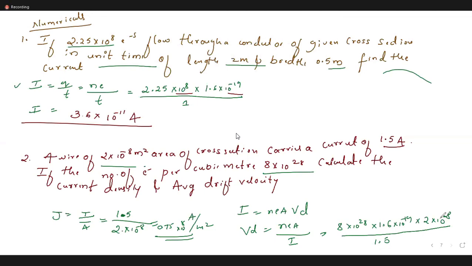I mean 17.0667 into 10 power 10. Tell me the power value. So it's around 17.06 into, plus 28 minus 19, right? Minus 8.